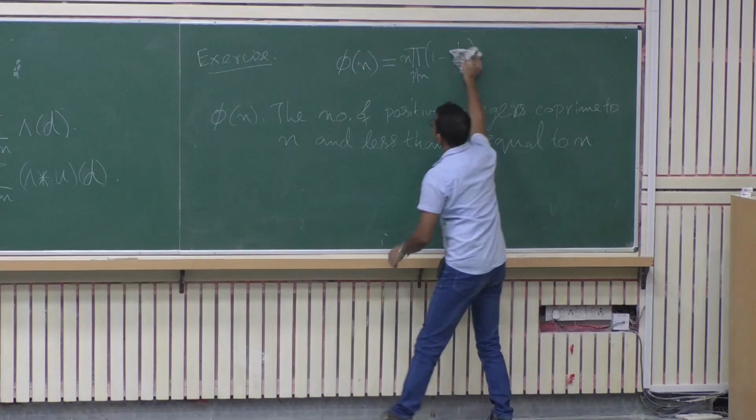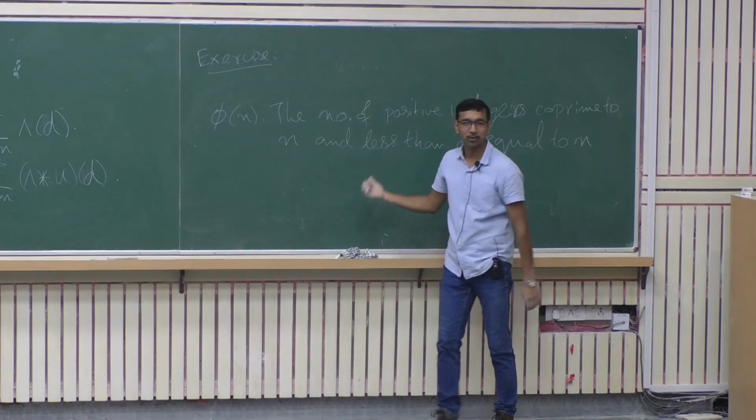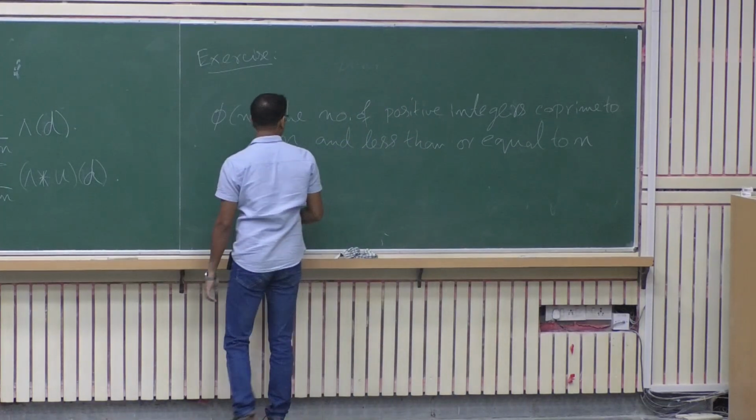And suppose we don't know this. We have only this description of phi, that is, we are counting all the numbers which are less than or equal to n and coprime to n.